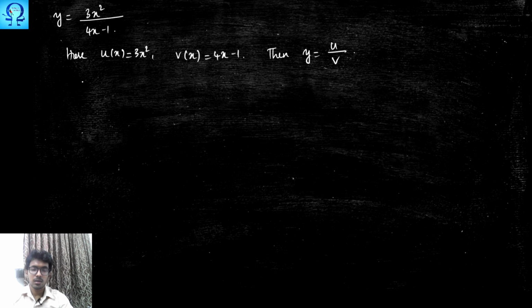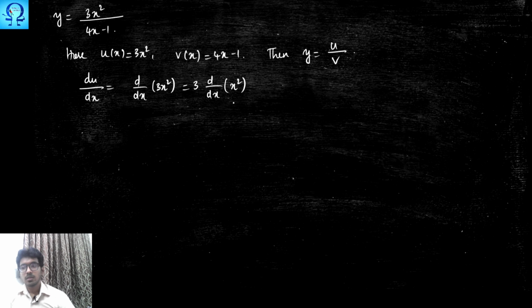Here also we need to find du upon dx. That is going to be d upon dx of 3x squared, and 3 is a constant when you take it outside, and d upon dx of x squared. As of now, I hope you know how to do this, and you are going to get 3 times of 2x, which is simply 6x.